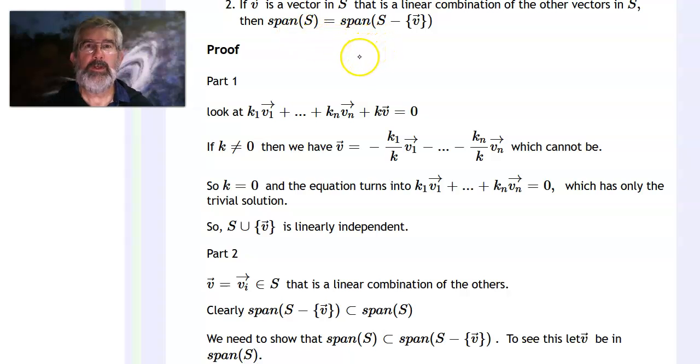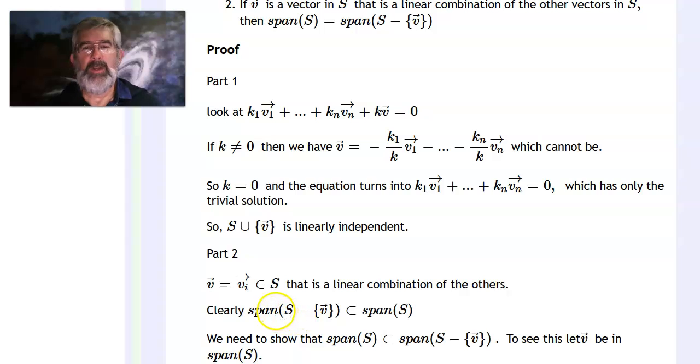To show that two sets are equal, I need to show inclusion both ways. I need to show that this one is a subset of that one, and that one is a subset of this one. Well, one of the directions I think is clear. The span of S minus V is a subset of the span of S, right? The span of S includes all the linear combinations of V1 up to Vn, including the linear combinations where there's a 0 in front of this Vi, or what I'm calling the V, which is Vi.